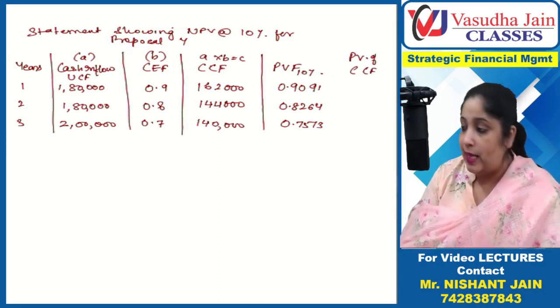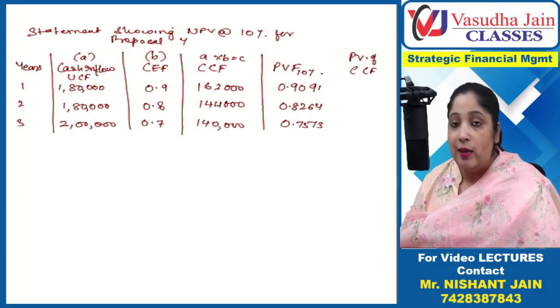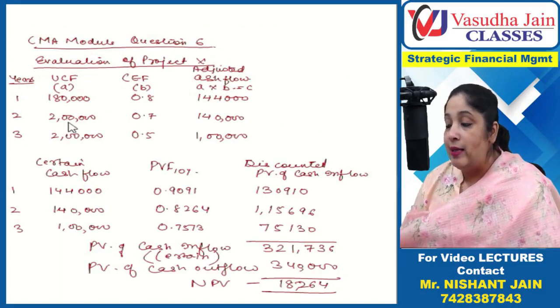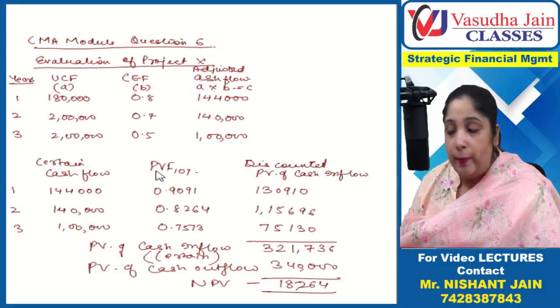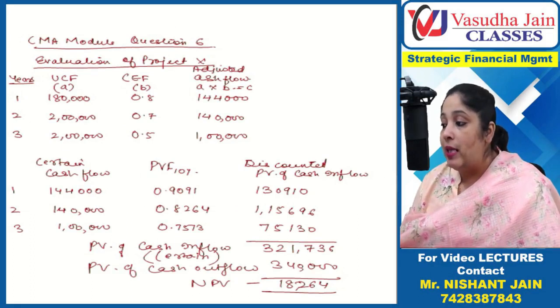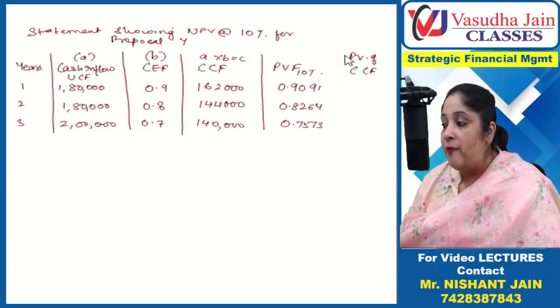I am continuing the same table. Here I have discontinued the table and continued in the second half, on the second page. So I am doing the same calculation on the same page. So I am finding out the present value of these certain cash flows.